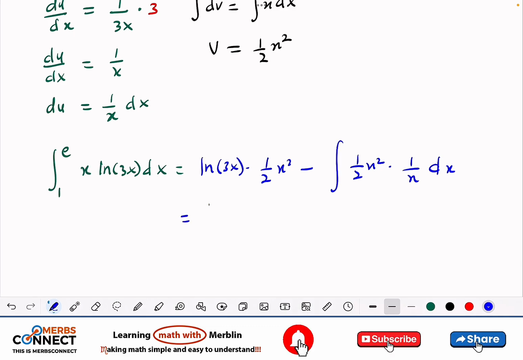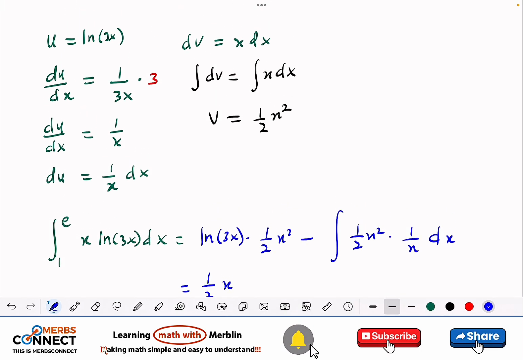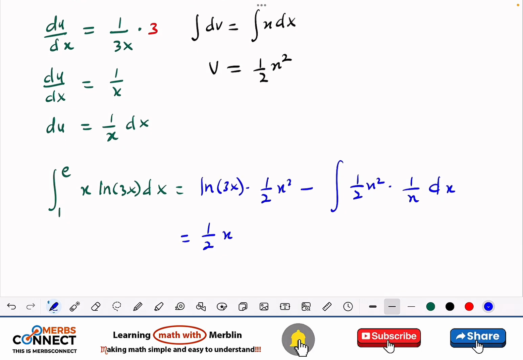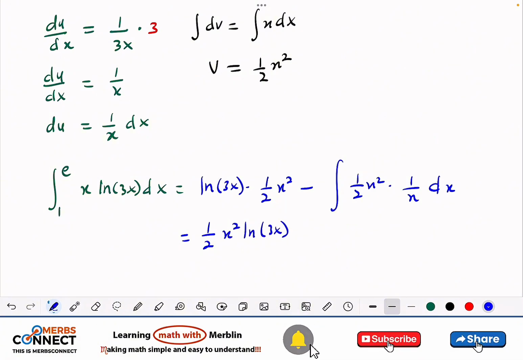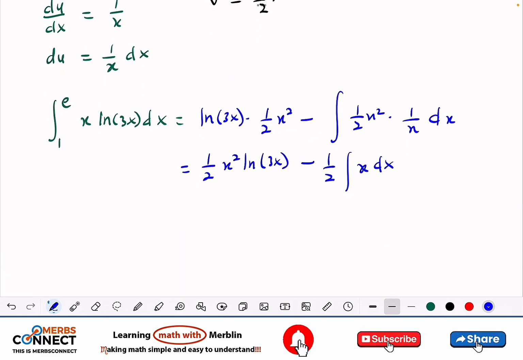Simplify, and we have 1 over 2 x squared ln of 3x minus, I can factor the 1 over 2 out. And 1 of the x will cancel 1 of the x here. What will be left is x dx.